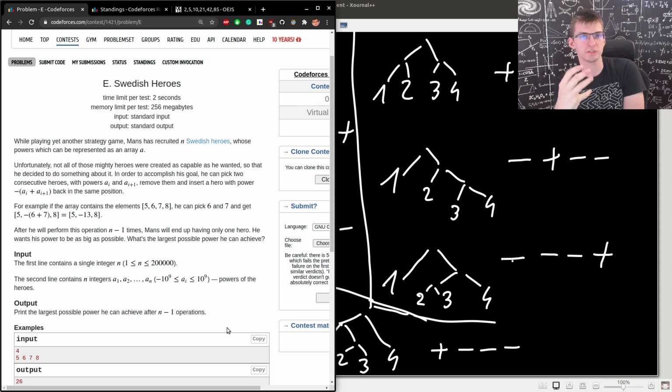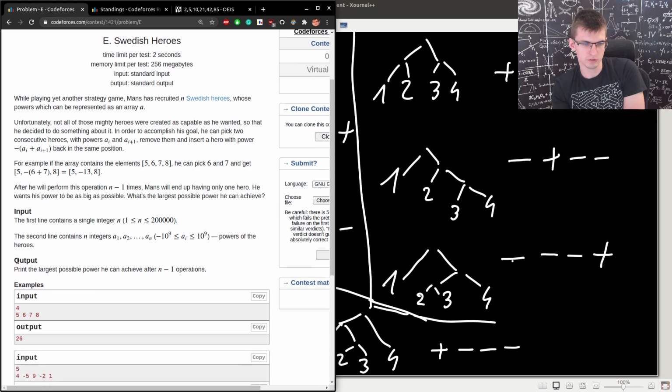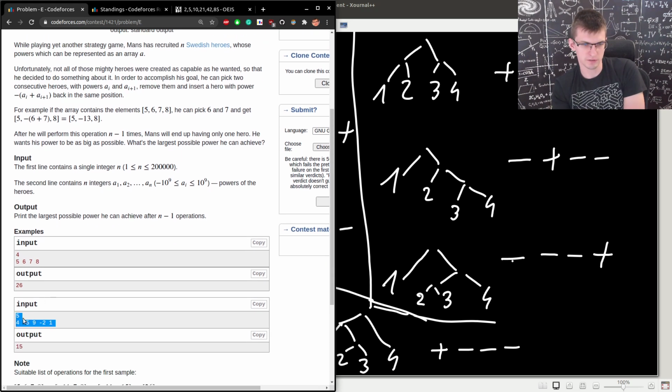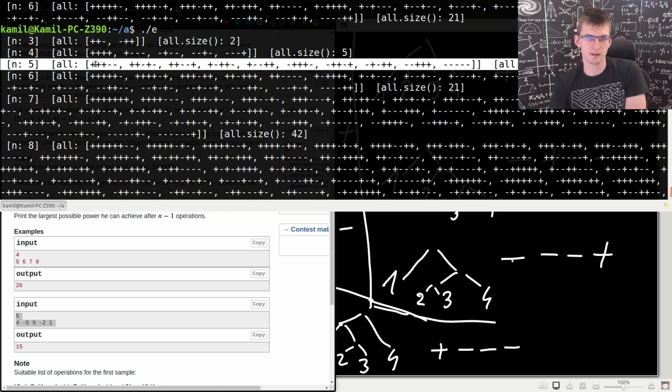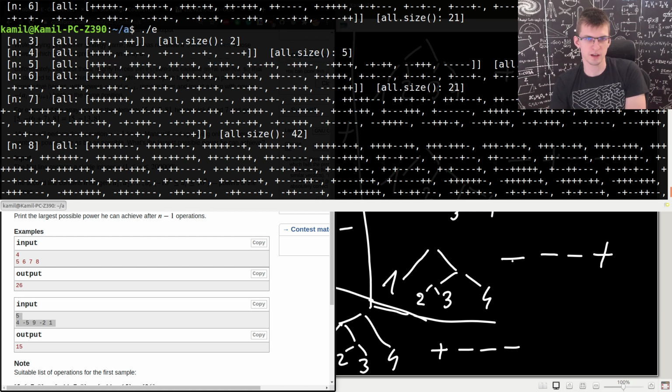I want to understand what sequences of pluses and minuses are possible in order to know by what I can multiply those values. This tells me that those are possible sequences with which I take the values from the input. For example, I can take 1st plus 2nd plus 3rd value minus 4th minus 5th. Possible answer is 4 minus 5 plus 9 minus 2 minus 1.